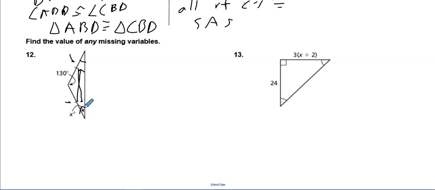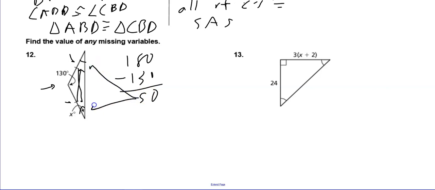Well, let's think about it. We have 130 degrees right here. So that means if we start off with 180 and we use up 130, what do we have left? We have 50. But that 50 has to be split up evenly here and here because they're equal to each other. So I need to do 50 divided by 2, which is 25. So each of these angles are 25 degrees.